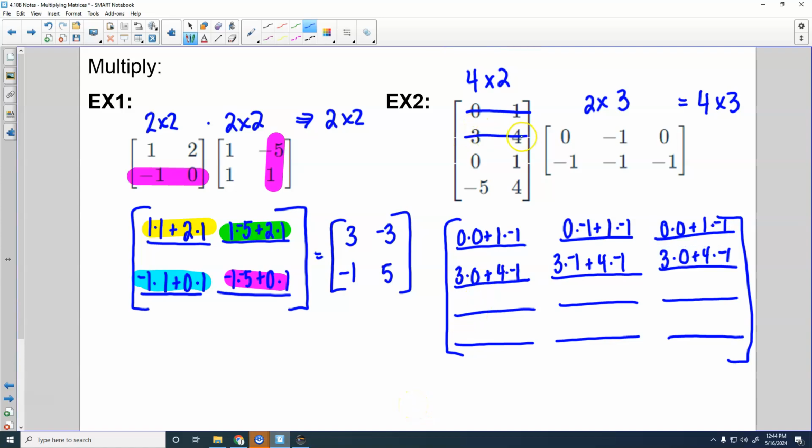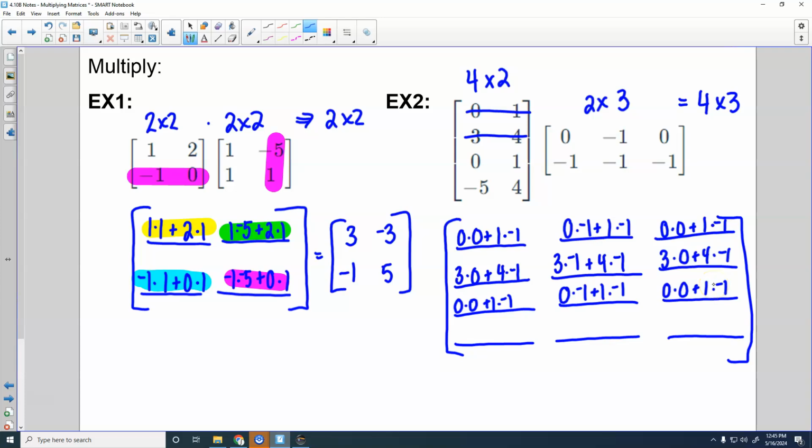Now, do notice something right here. What do you notice about the first row and the third row? They're the same, and these columns aren't changing, right? So you're going to get the same results on this next row right here. So you're going to have 0 times 0 plus 1 times -1, 0 times -1 plus 1 times -1, and 0 times 0 plus 1 times -1.